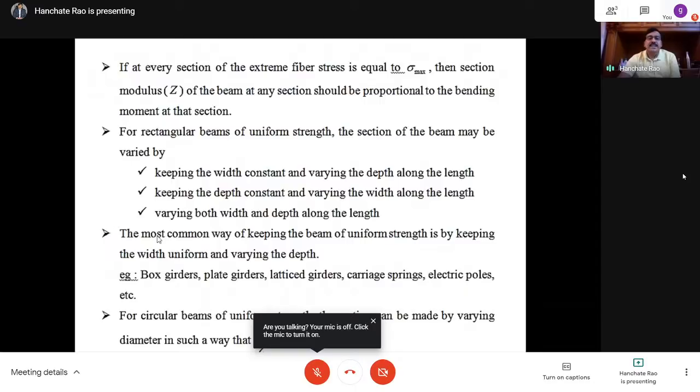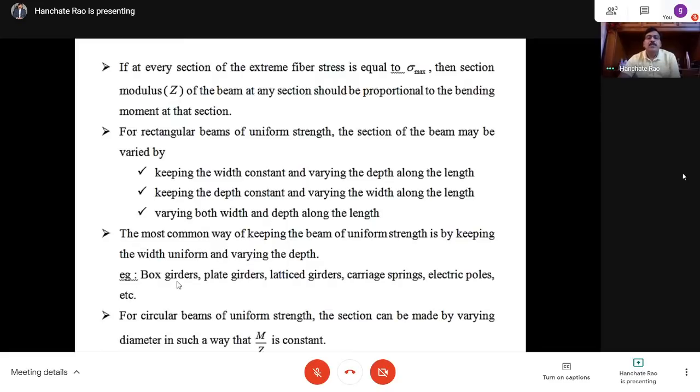If we consider rectangular beams of uniform strength, we may keep the width constant and vary the depth, or we may keep the depth constant and vary the width along the length, or both width and depth can be changed. The most common way is to keep the width uniform and vary the depth.